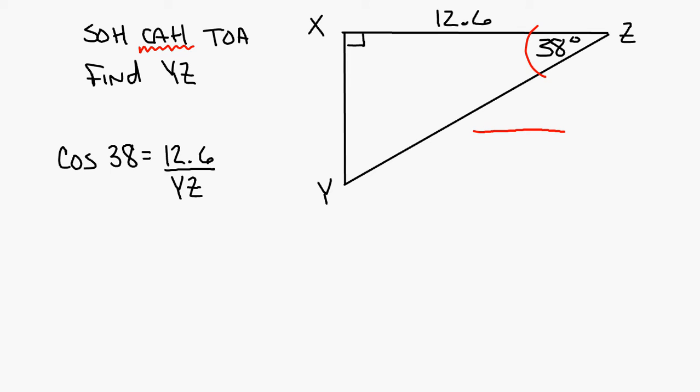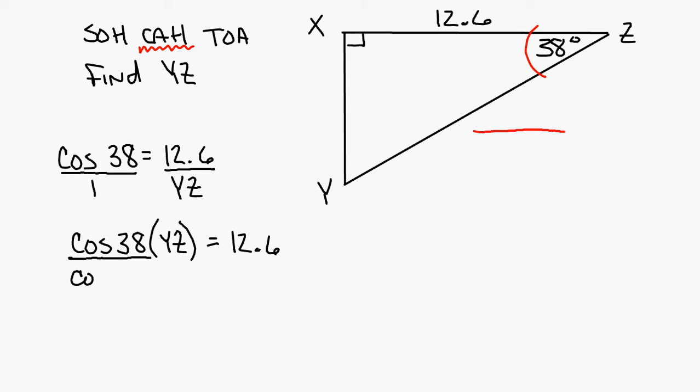Crisscross multiply again. So cosine 38 times YZ is equal to 12.6 times 1, which is 12.6. Divide both sides by cosine 38.